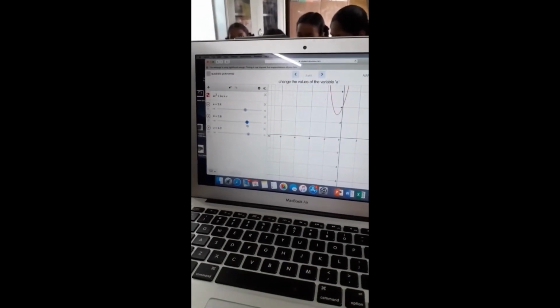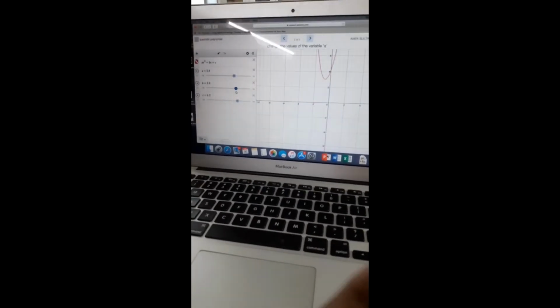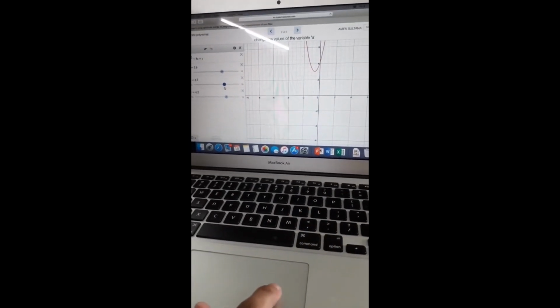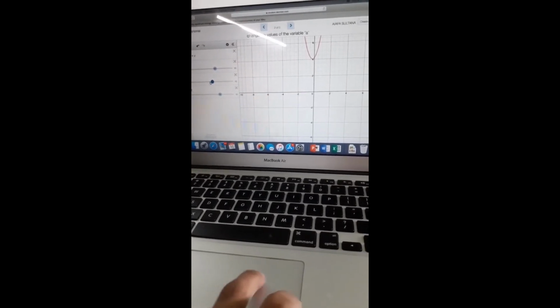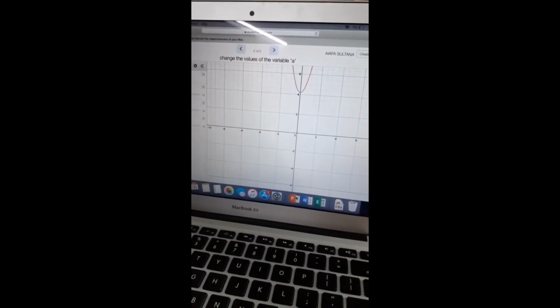When the value of b is positive, then the parabola is in the third and second quadrant. When the value of b is 0, then the parabola is symmetric to the y-axis.